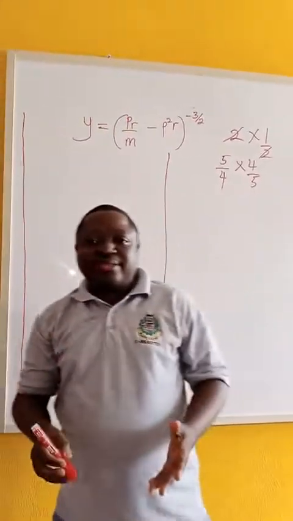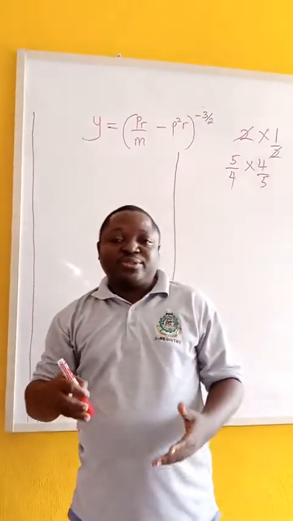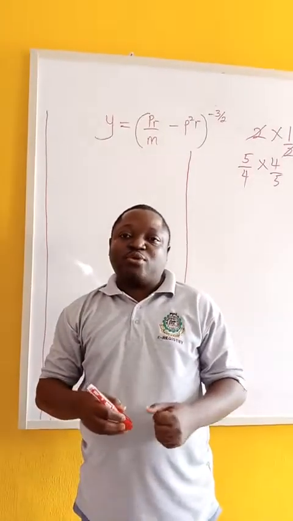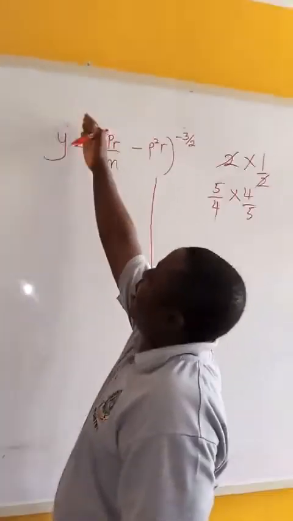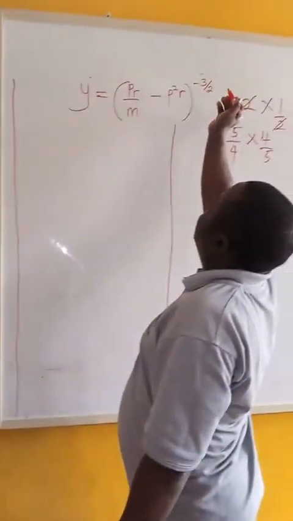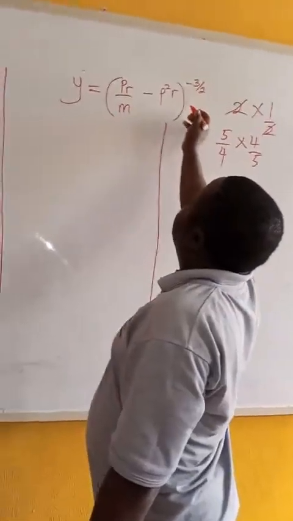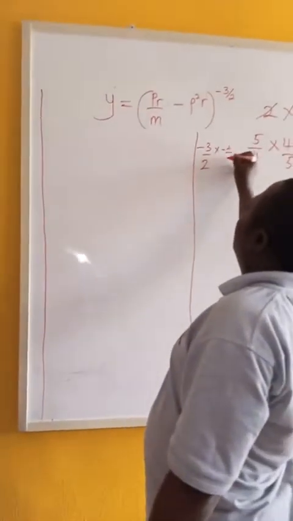But don't forget, whatever you do to a quantity in mathematics, you must equally do it to the other quantity. So we want to multiply both powers, the power here and the power here, by the reciprocal of minus 3 over 2, which is minus 2 over 3.